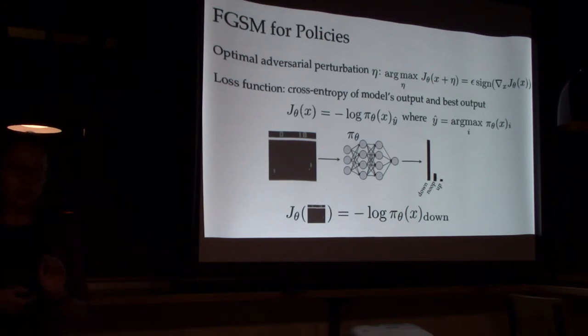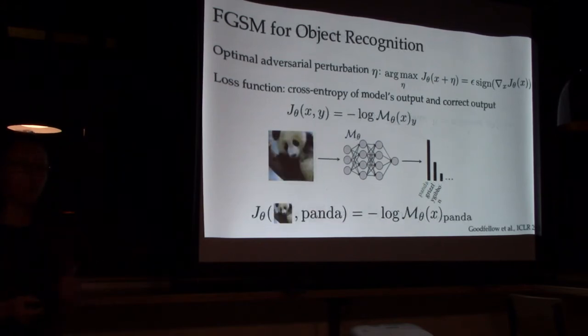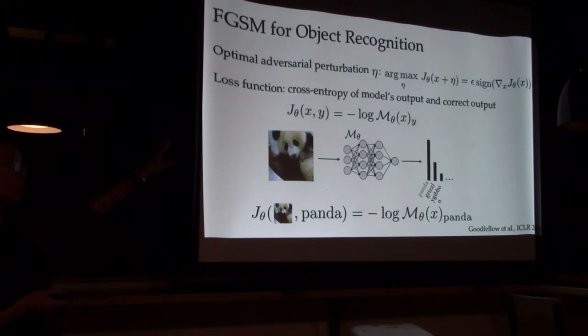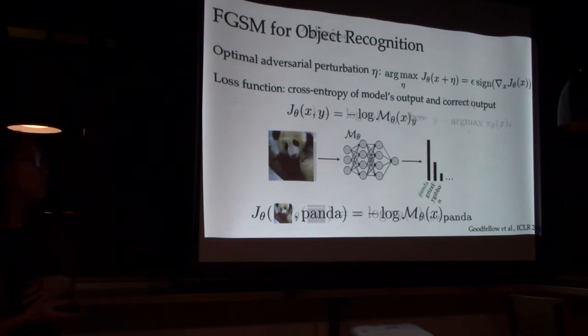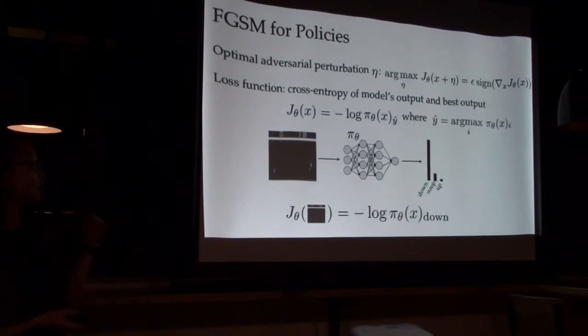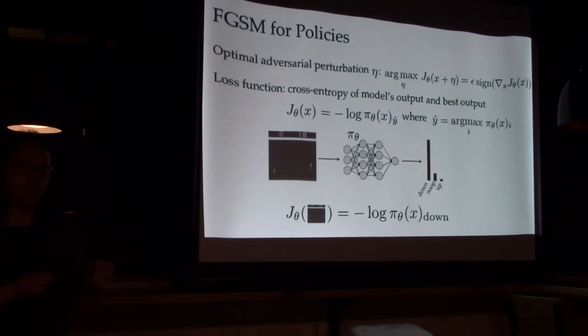This is a little bit different than the supervised learning object recognition case, because there we actually have a y, which is the true correct output. But in the case of policies, we actually don't know for a given state what the exact correct action is, because we just want this policy to optimize for reward. So there's not actually a true correct action that we know of in a given state.